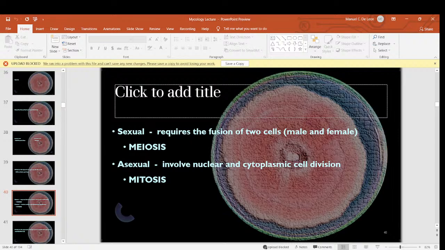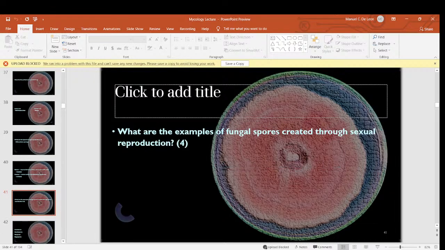So all fungi are capable of asexual reproduction, but not all fungi are capable of sexual reproduction, and we will discuss later why. Now, there are fungal spores that are created through sexual reproduction. I'm going to ask people if they can name some, if they are familiar.